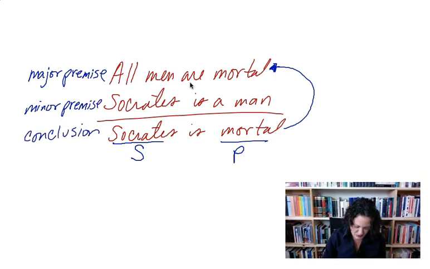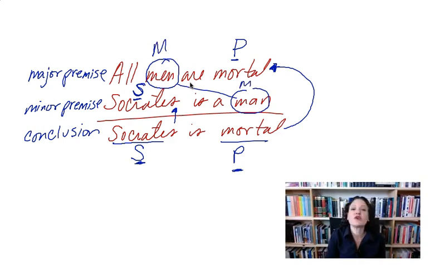All right, so we're starting with the S and the P in the conclusion, and you follow the P term to the major premise. It's the major term. And the minor term is in the minor premise, and we'll call that S. So the subject term is in the minor, the predicate term is in the major, and then they're related by this middle term. This middle term we'll call M. This is the middle term.